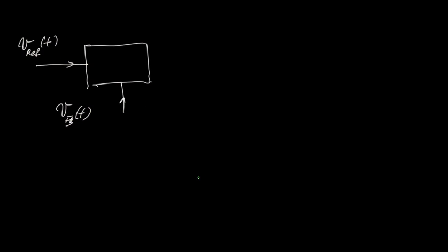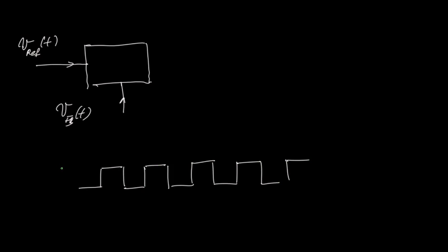We're going to assume that both of them are square waveforms. So let's say that this is how they look. The reference voltage has a much, much higher frequency than the feedback. So this is the reference voltage, and this is the feedback voltage.